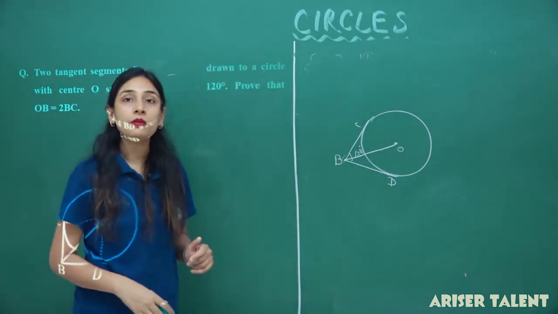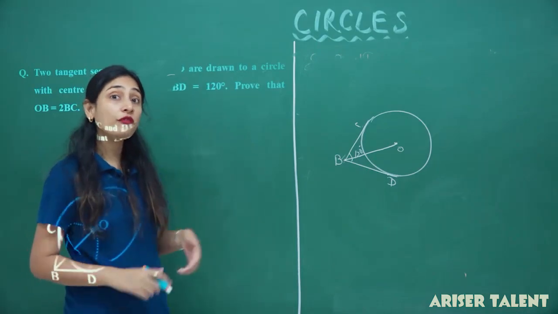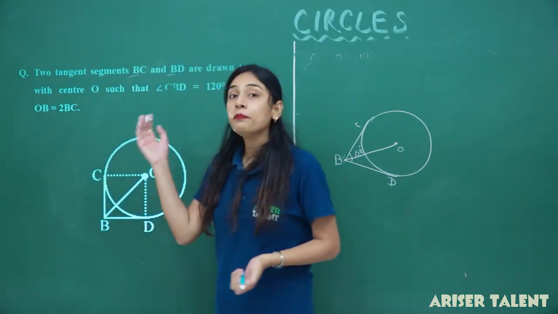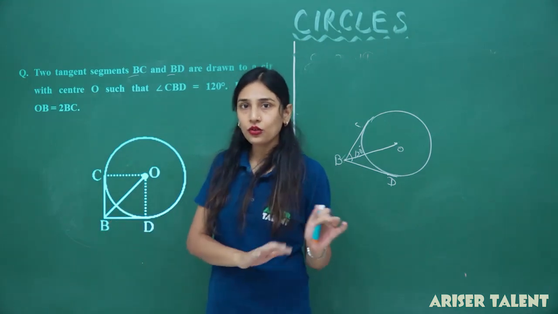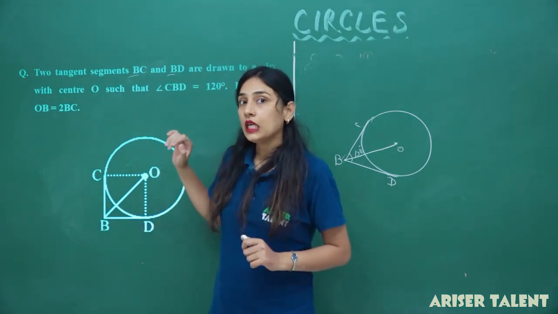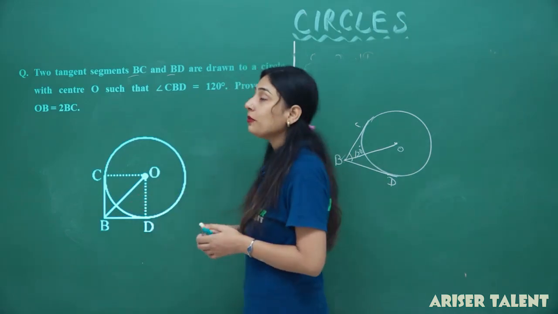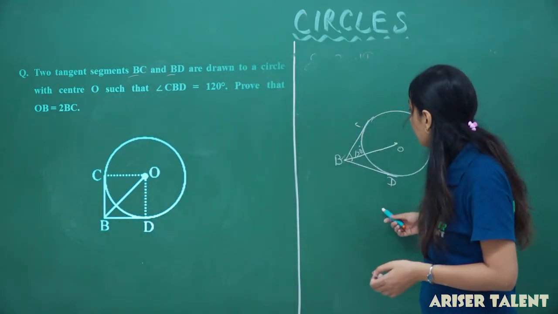Now, this is something that the question is asking in a figure. So, this figure may or may not be given to you. It is fair enough for you to not have this diagram in your question. So, how will you make it? You will just follow the language and the diagram will be here.